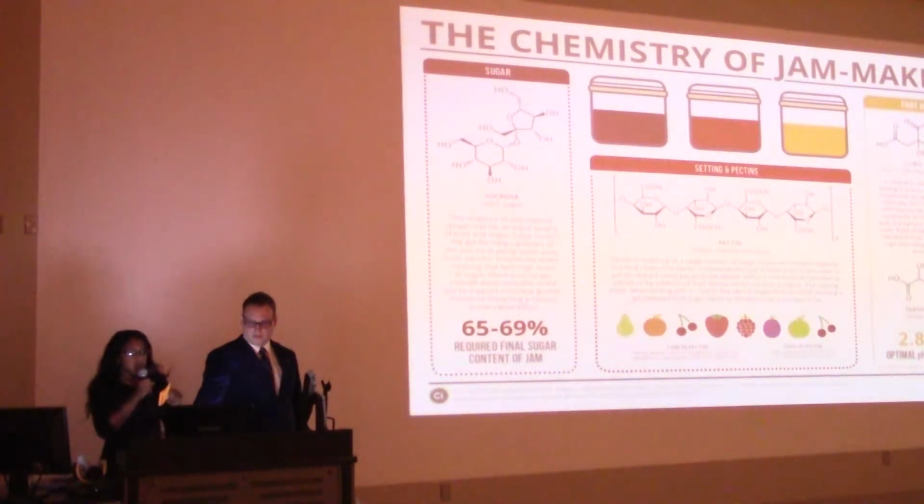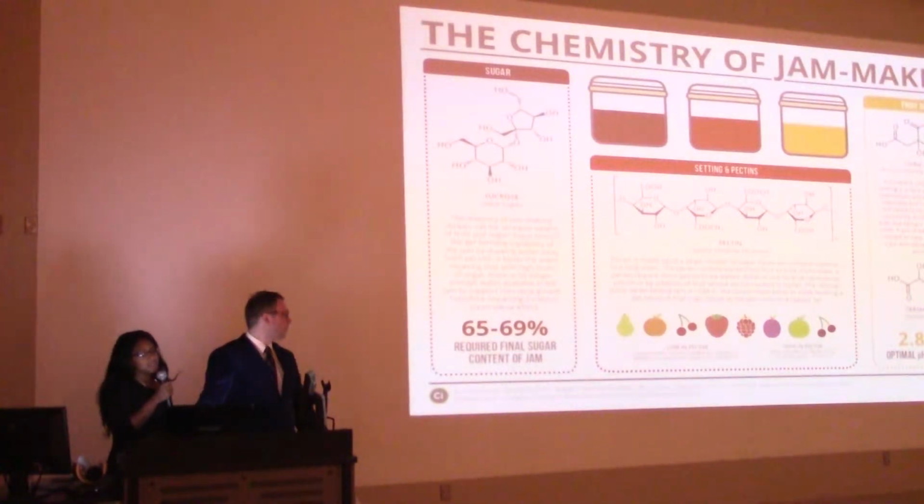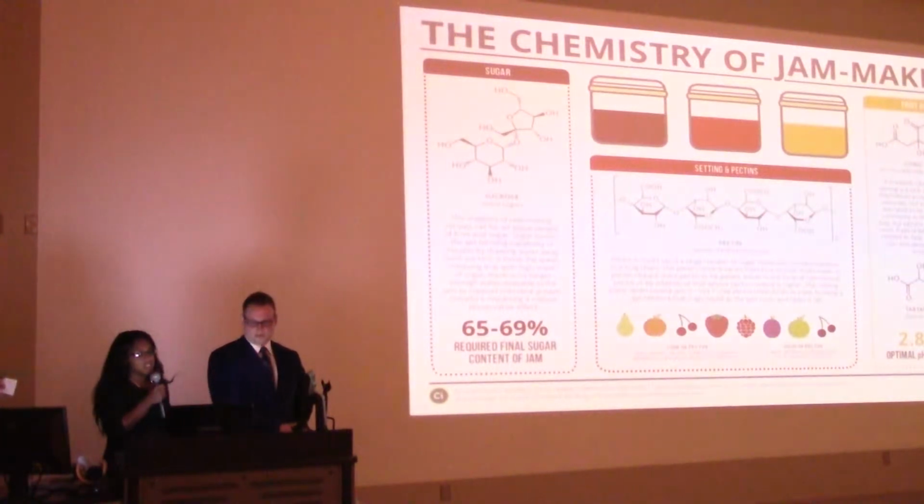So here is the sucrose, and at the end of your solution, you should have a 65 to 95% concentration of sugar. As far as the acid, the optimal pH for setting should be at least 2.8 to 3.3.